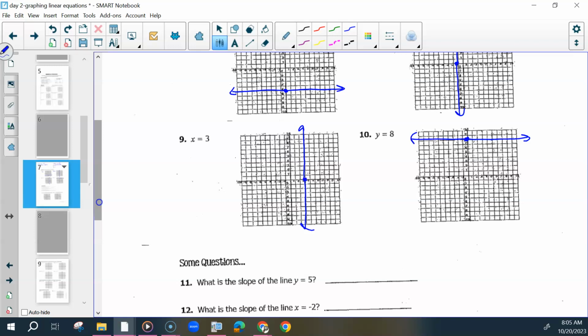If yours look like those two, good job. If you flipped them, fix them.